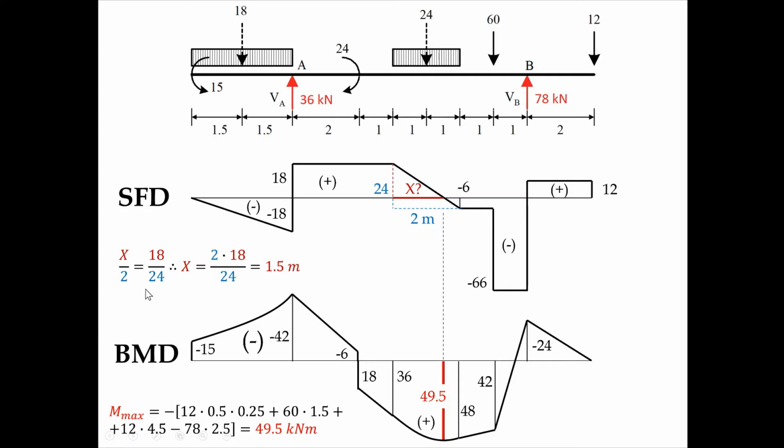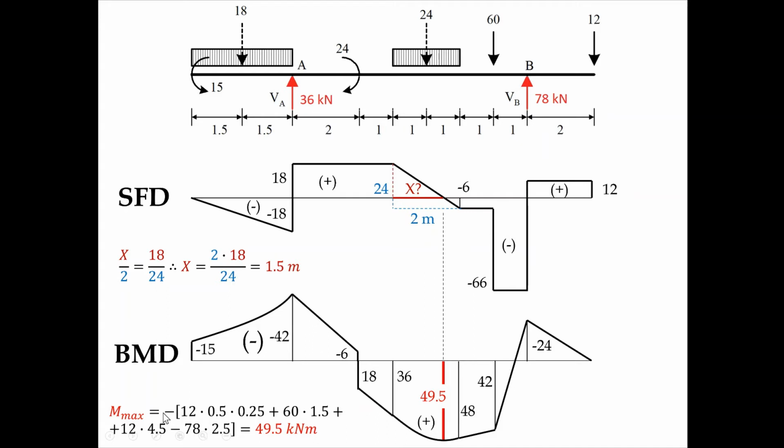With this relationship, we can rearrange and calculate x, which is twice 18 divided by 24, which is 1.5 meters. So now we know that x is equal to 1.5 meters. So basically we have the location of this point, and we can write the equation that gives us the value of the maximum moment.